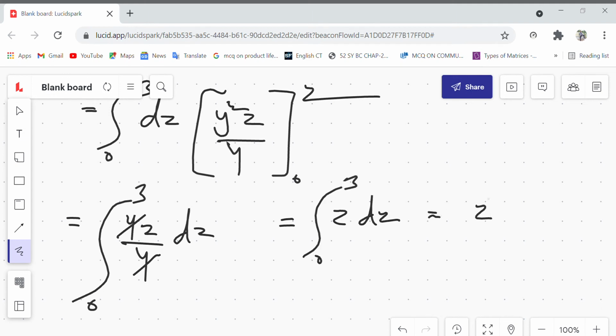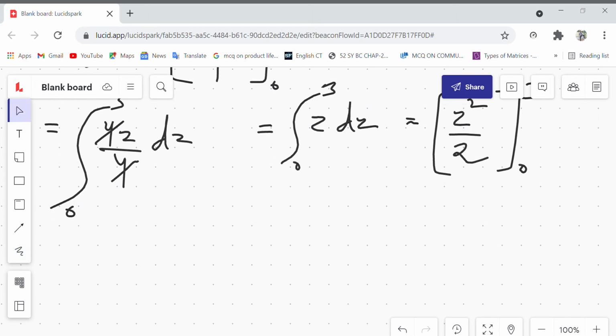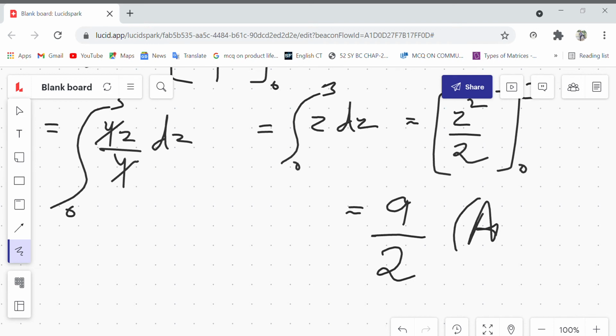Z square by 2. Then 0 to 3, it will be 9 by 2. 9 by 2 is the answer.